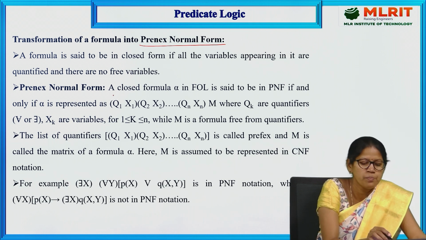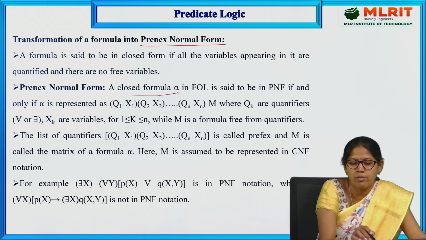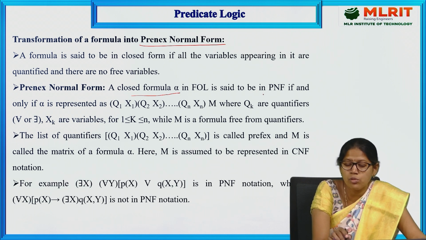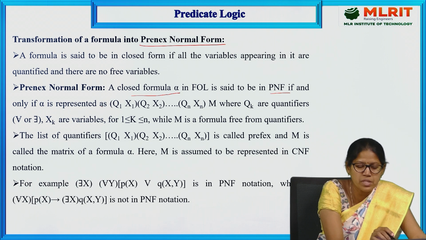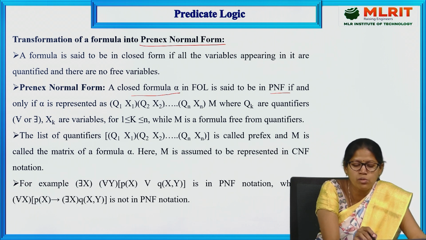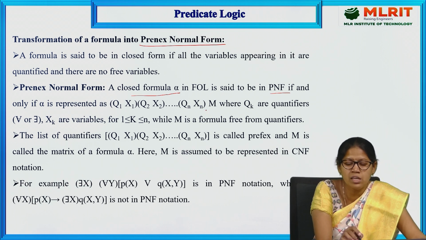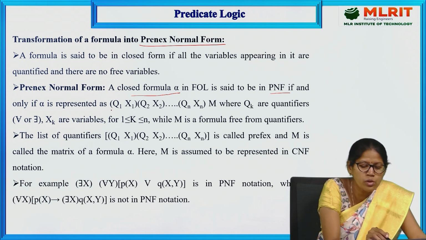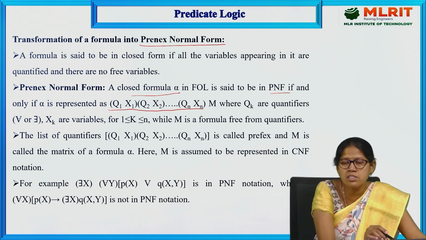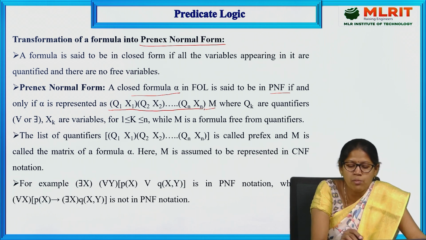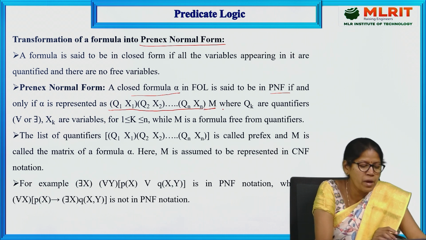Let's see the definition. A closed formula alpha in FOL is said to be in PNF if and only if alpha is represented as Q1 X1, Q2 X2 and so on, Qn Xn, M. So this Q1 X1, Q2 X2 and so on, Qn Xn is called the prefix, and M is called the matrix.